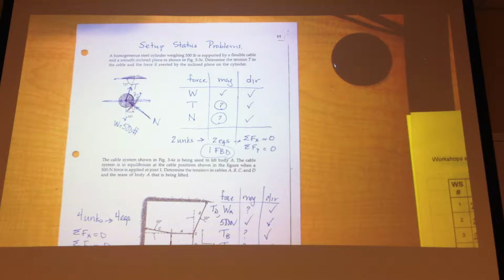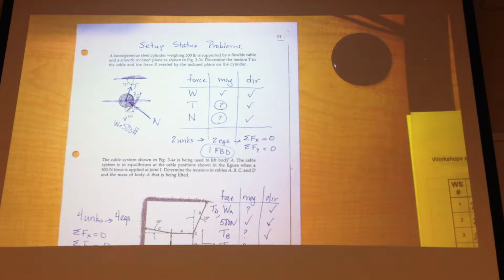Then after we looked at the picture, what did we do? We read the words, right? And found what things were important in the words that we needed to know. From that, we set up what? A table. We set up a table. And the first column of the table represented all the forces that are present in the system.